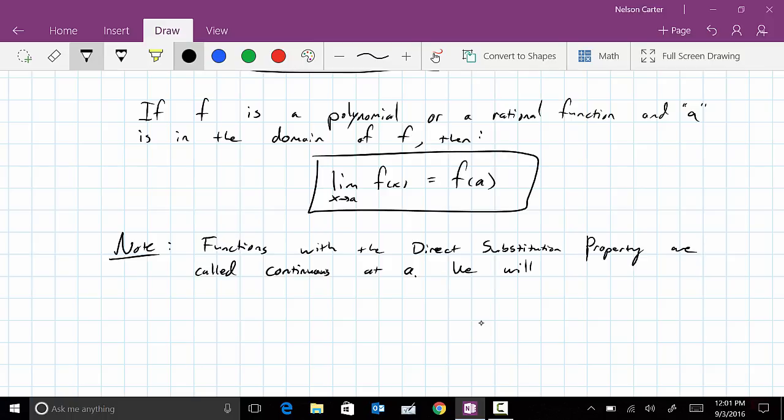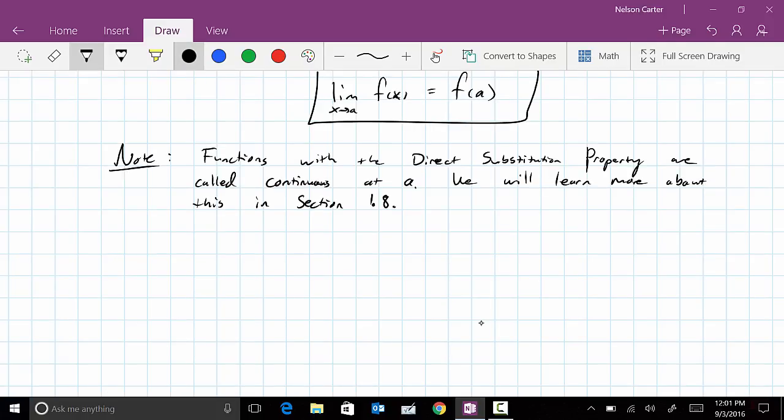We will learn more about this in section 1.8. Only when a function is continuous are you allowed to just plug it in, no problem. We're going to see that later. So what are you supposed to do if it's not continuous? Well, we're going to find out. Let me show you.